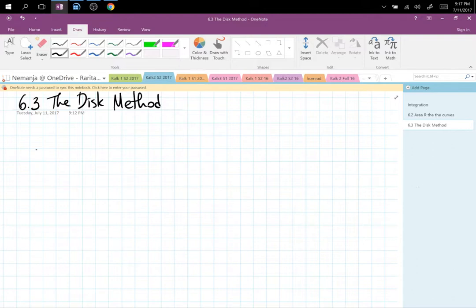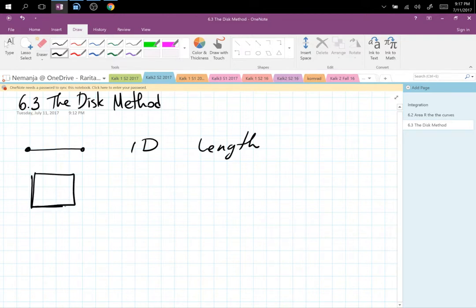You can have one dimension, which is just length. So this is 1D, and it's just length. And then you can have, let's say, a square, which is 2D, and that's going to be area. You can color in the square, you cannot color in the line. The line is just length.